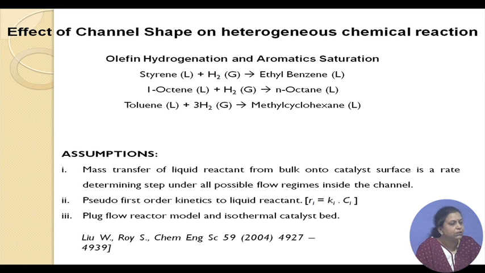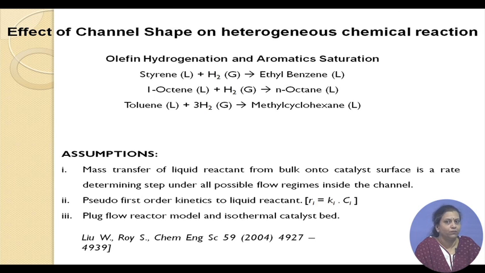And what the researchers did was, they performed these reactions in square as well as circular microchannels. Okay, it's not exactly micro, they had used a 2 millimeter and a 1 millimeter dimension, and they had studied 2 things. One was the influence of channel wall thickness, where they found that the thickness of the channel wall did not significantly influence the conversion.